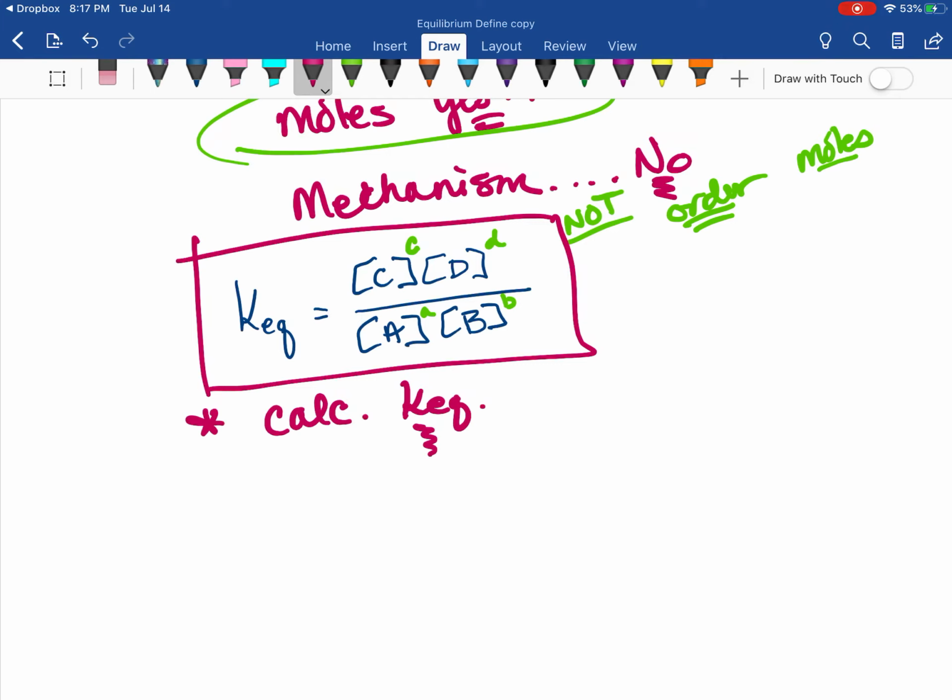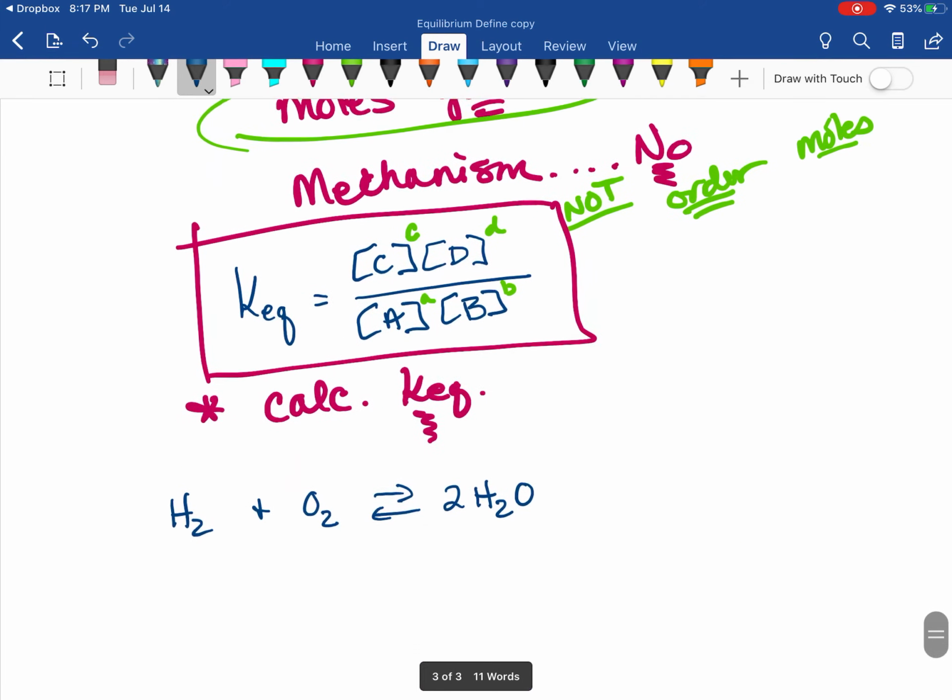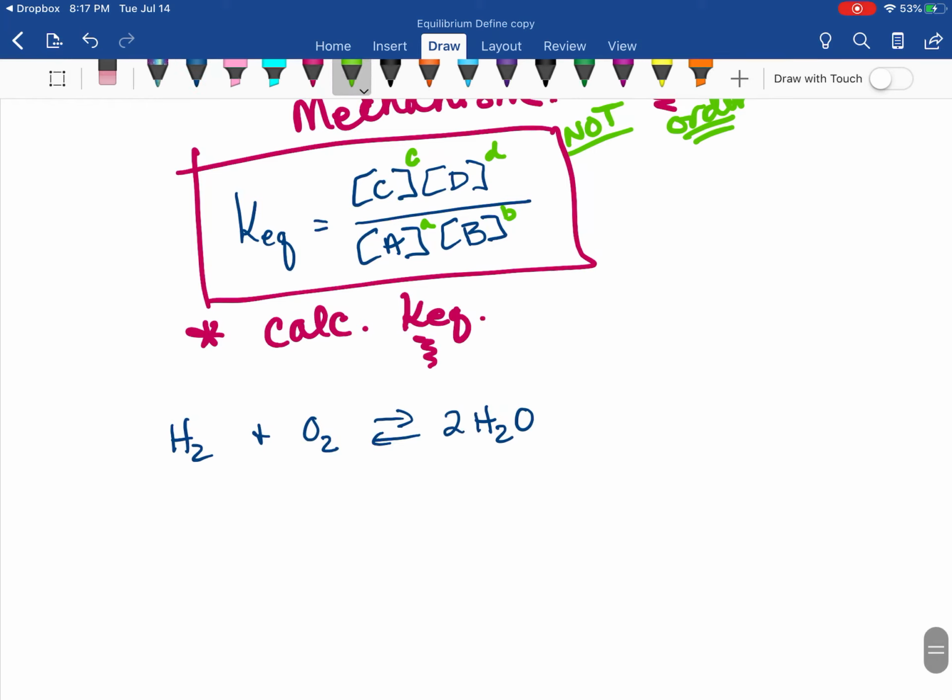Since these reactions can go backwards and forwards, we have to keep in mind what our K is telling us. So we have an equilibrium, even if it's crazy, for water. The formation of water is a ridiculous equilibrium, but let's write it.